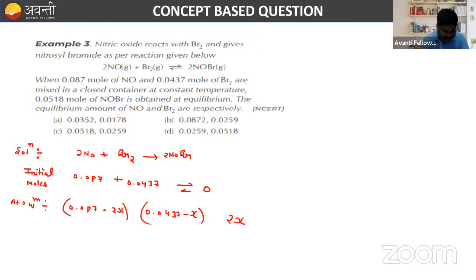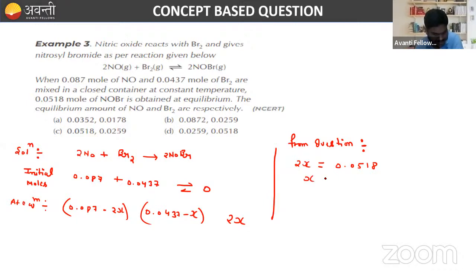Now, comparing with the given information, the amount of NOBr at equilibrium is already given. We mix in a closed container at a constant temperature, and 0.0518 mole of NOBr is obtained at equilibrium. So from the question itself, the number of moles of NOBr, that is 2x, is equal to 0.0518.